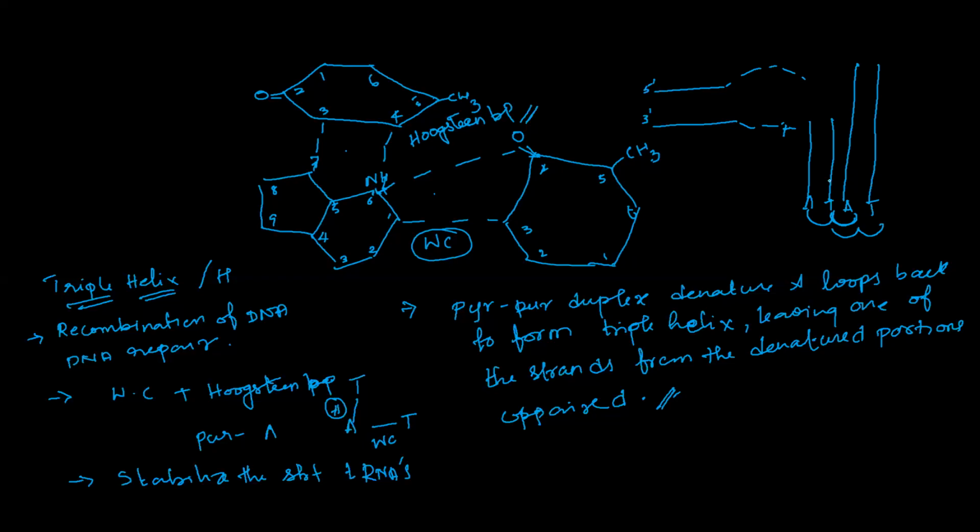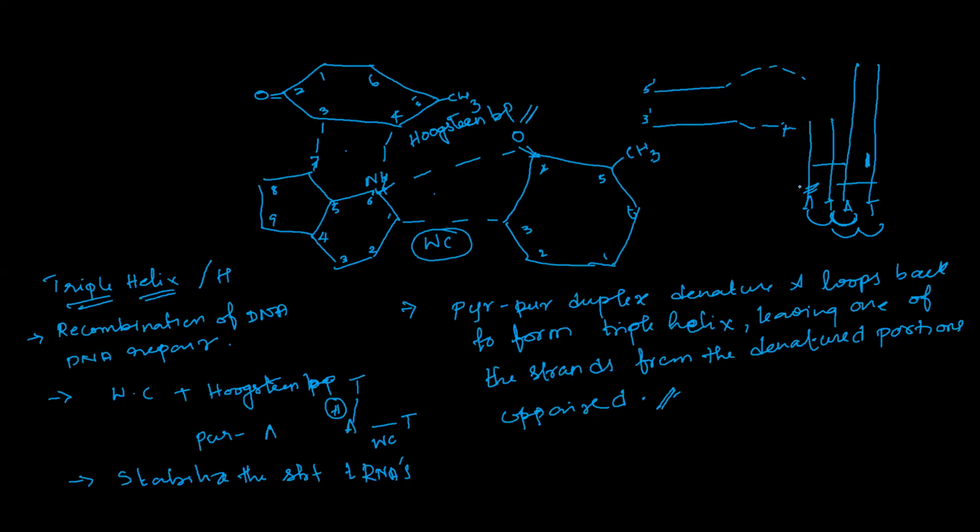So in this case, if these three are base pairing with each other, it is leaving this strand unpaired. That is what I mentioned, leaving one of the strands from the denatured portion unpaired. So if these three are pairing, it is going to leave this strand. I hope you understood.